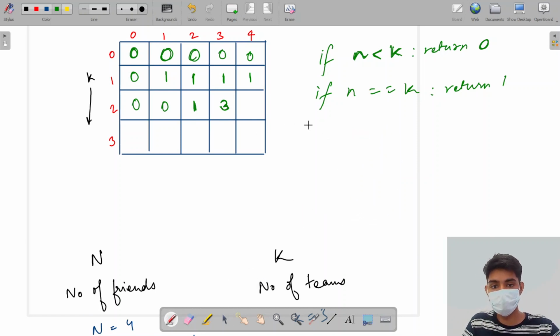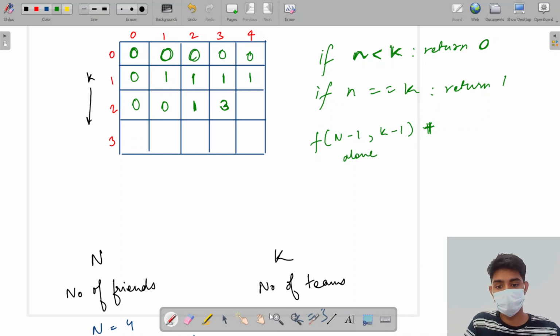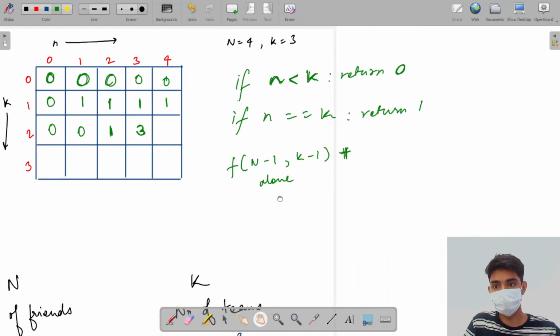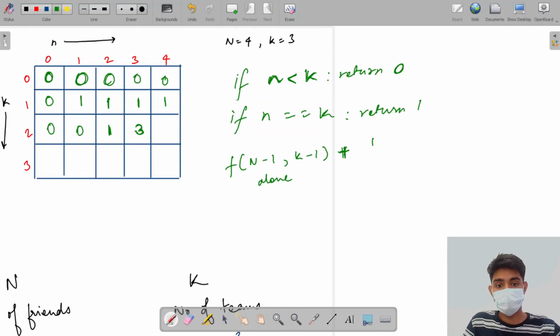Let's see. So we were saying that if it is going alone, it would be n minus 1, k minus 1, plus, if it is in pair, I'm asking n minus 1 people to divide themselves in k subsets, and then I'm attaching myself to it in k ways, right?